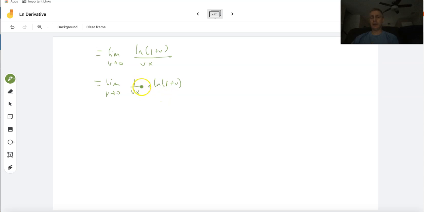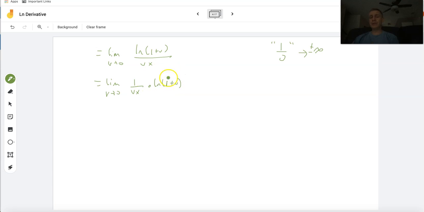And if we look, we have this limit of this product of this expression times this expression. And as v is approaching 0, I hope we'd agree that this part of our product is still going to approach natural log of 1, which is 0. But this other expression would end up being 1 over 0. So 1 over 0 as an answer to a limit, if we recall from earlier in the year, basically means that this is either going to positive infinity or negative infinity.